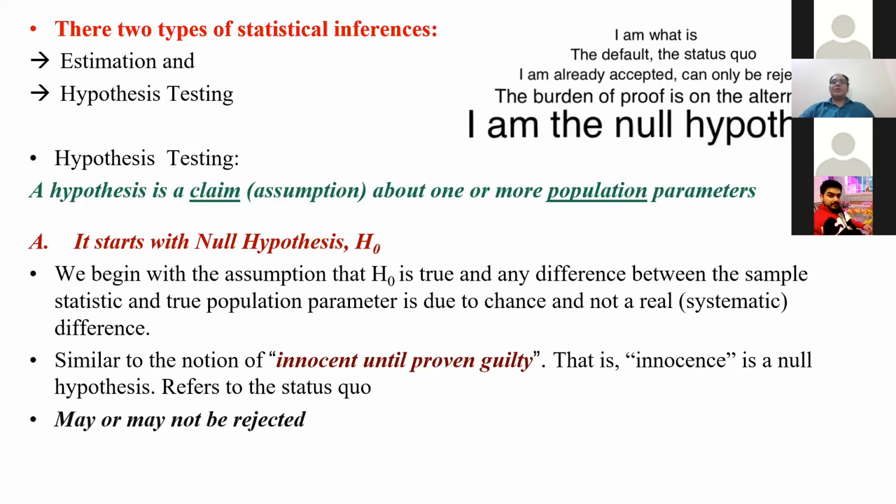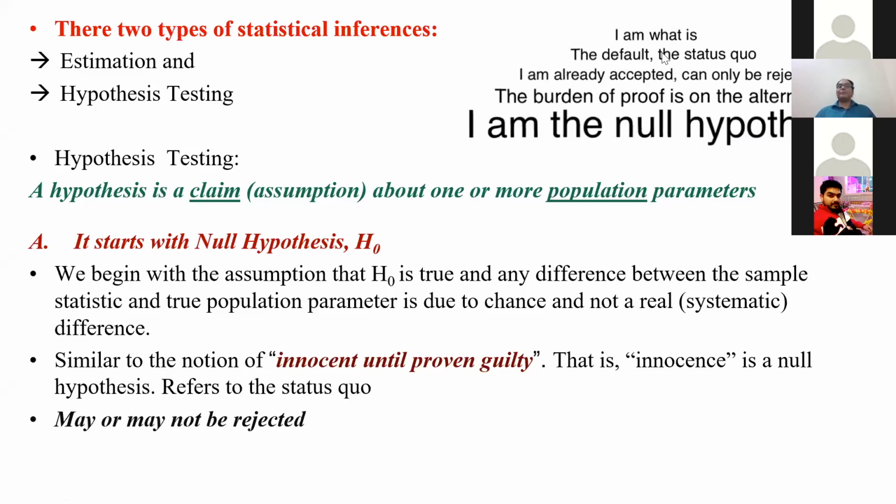There are two types of hypothesis. One is called null hypothesis, and the second is called alternate hypothesis. So what is null hypothesis? You just see this quote which I took from Google. Read this carefully.